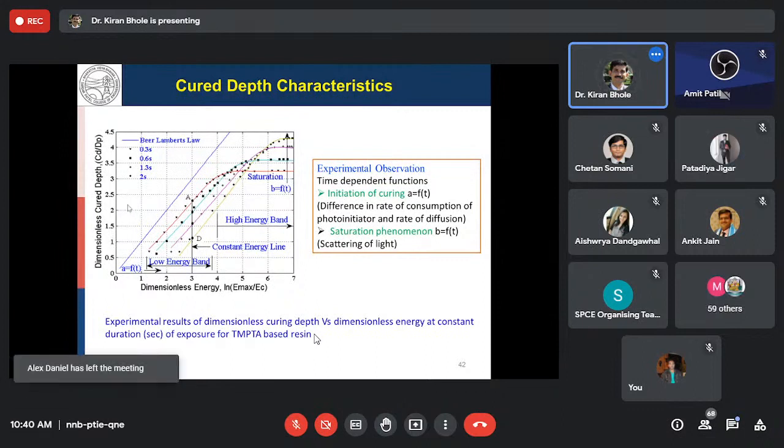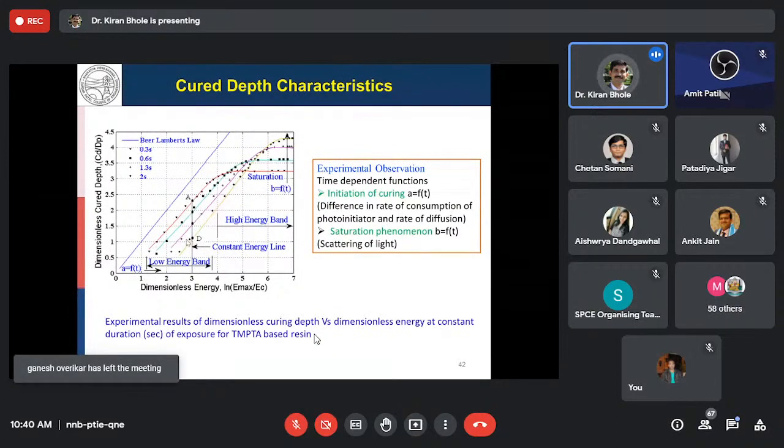The reason behind this is that when the exposure duration is large, the photoinitiator species do get sufficient time to come to the reaction zone, and then absorb the photons over there and do not allow the light to penetrate to a large distance.